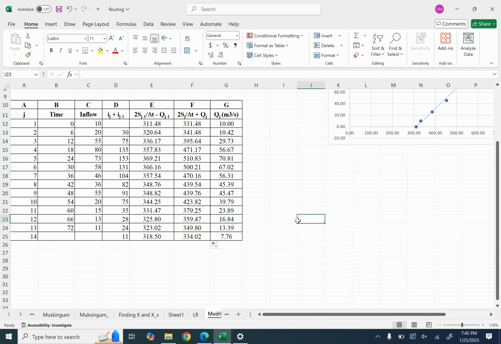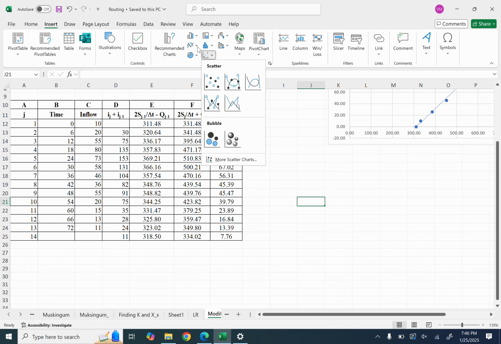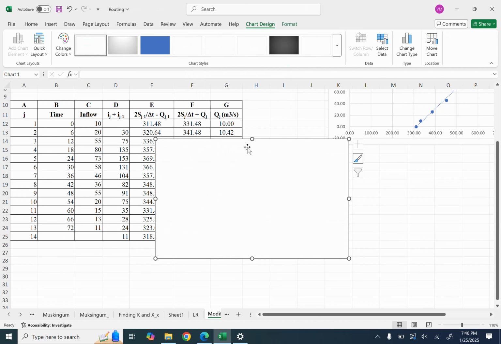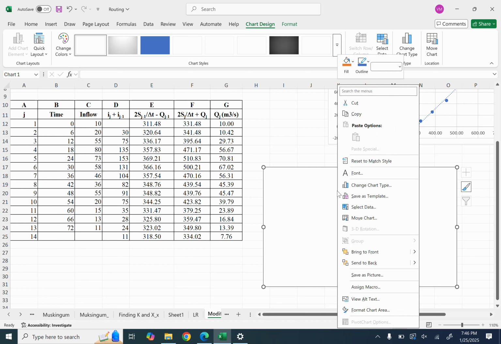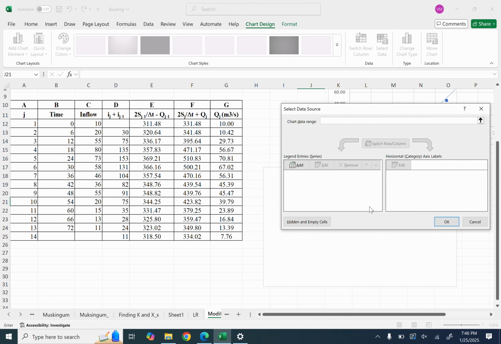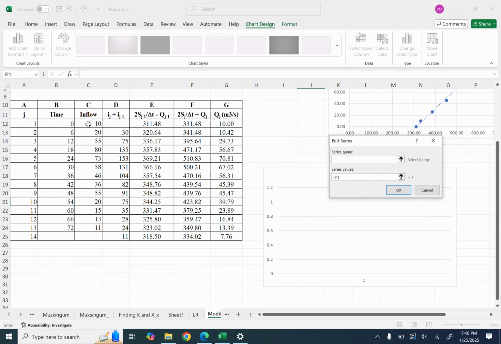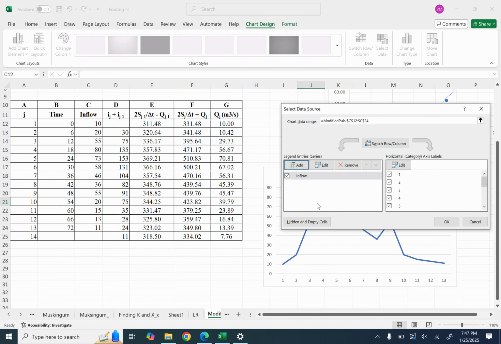Now let me plot this also so we can see where the peak falls. So insert, line, select data. We will add inflow first. The series name is inflow, and values are this. Then let's add outflow.